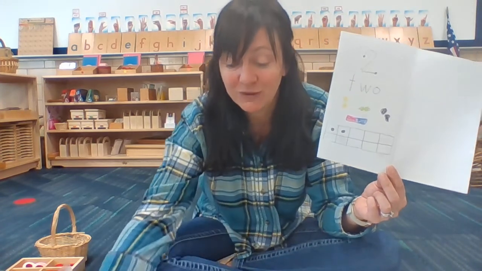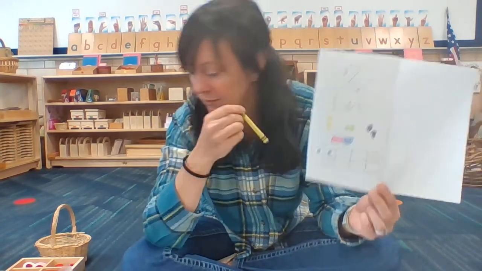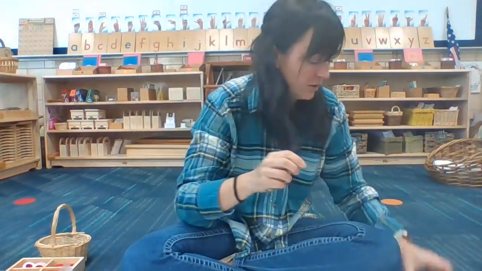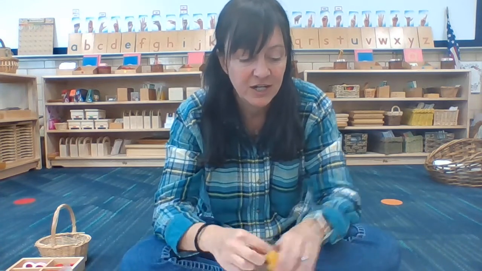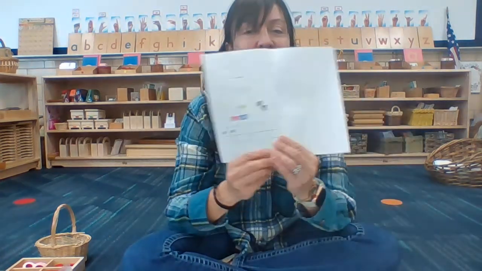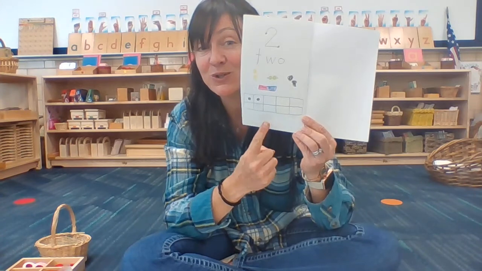Please draw something else to represent 2. You could even draw your 2 crayons. Oh, where did my other crayon go? I think I put it away. You could draw 2 crayons. Draw something different and make sure that you draw those 2 items on your 2 page.